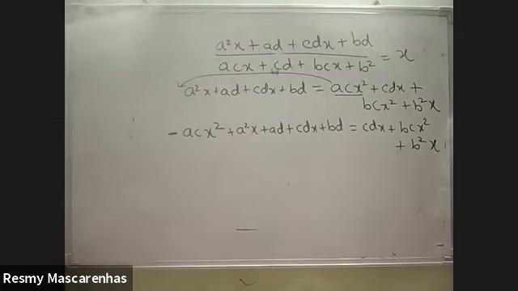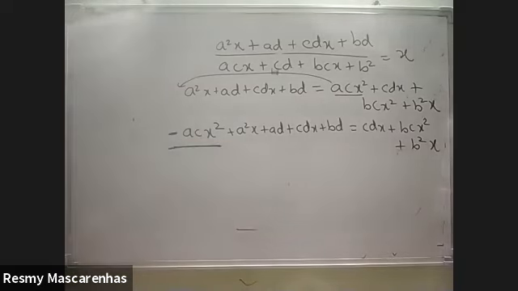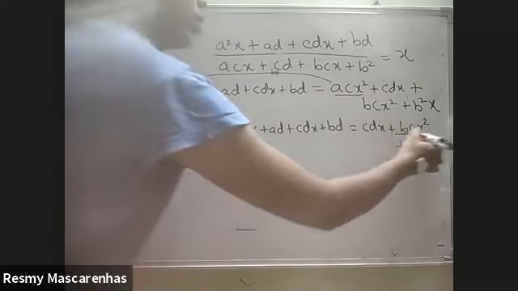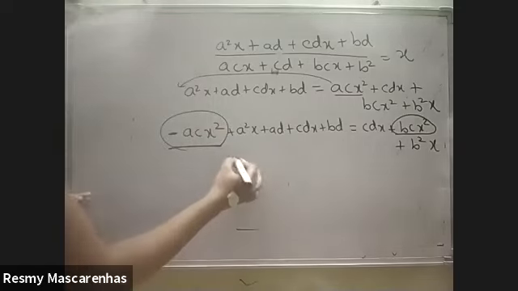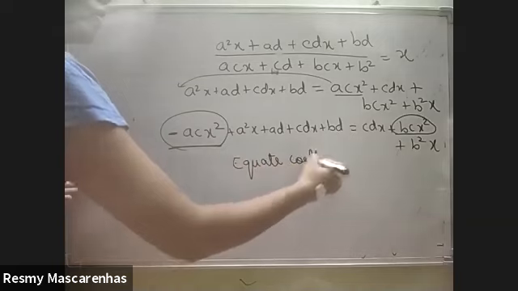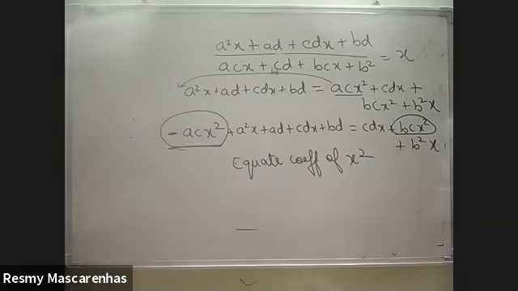So plus, when I brought it this side, it will become minus. Now what you have to do is only take the x square terms. This side there is only one x square term, this side there is one x square term. Just equate the coefficients. The rest will not matter to you at all.